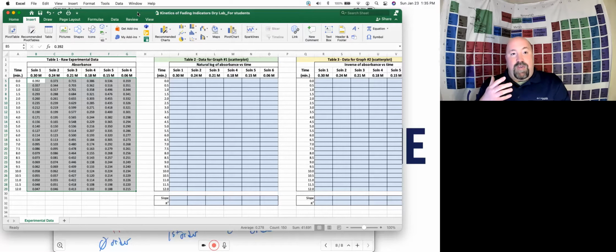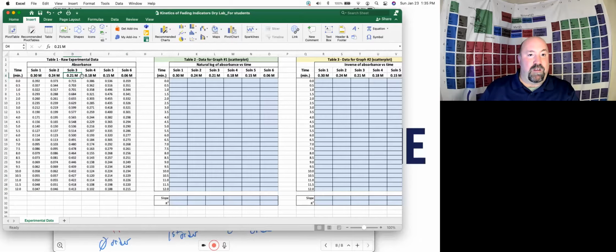To make sure that everything is the same amongst different concentrations, we're running 6 different solutions that all have different starting molarities of phenolphthalein. And so we need to analyze all 6 of those solutions and look for those graphs the way we were just talking about.